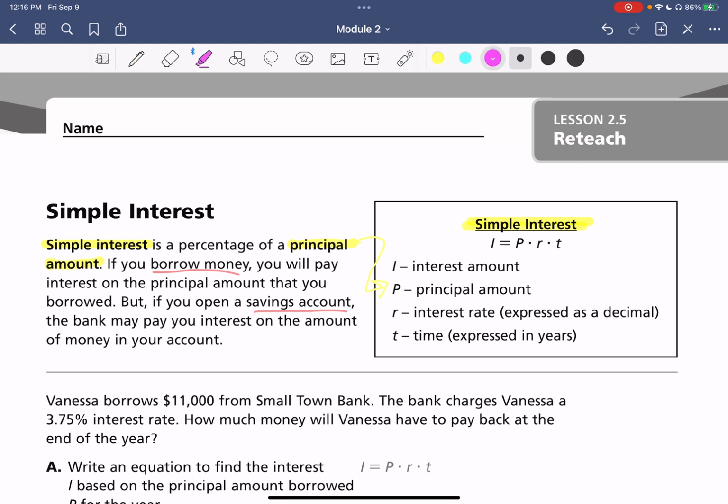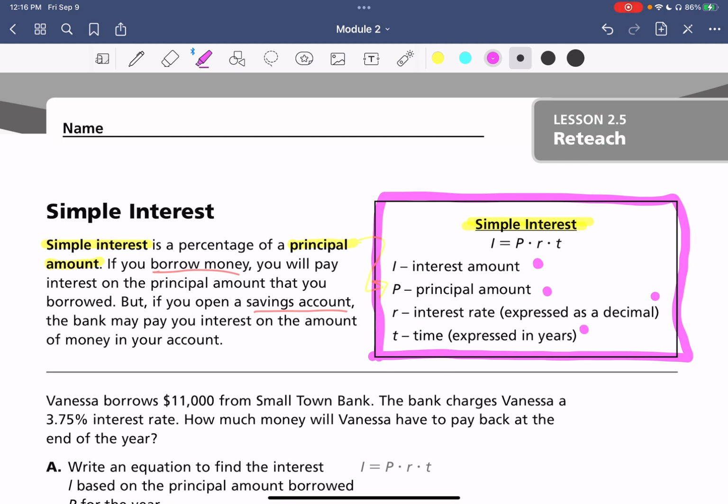So to calculate this, we have our box here for simple interest. We have our interest amount, the principal amount, the interest rate, and the time expressed in years.